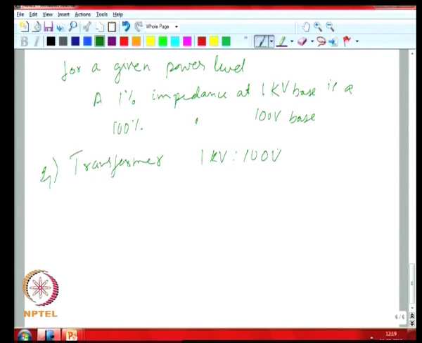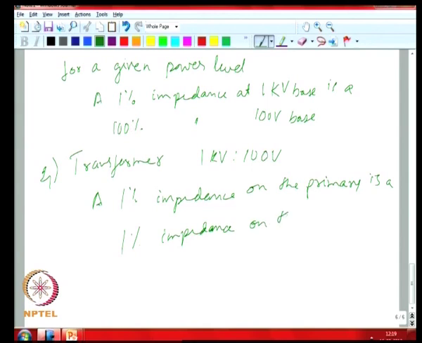So, you are having a transformer going from 1 kV to 100 volt, then essentially 1% impedance on the primary is 1% impedance on the secondary.